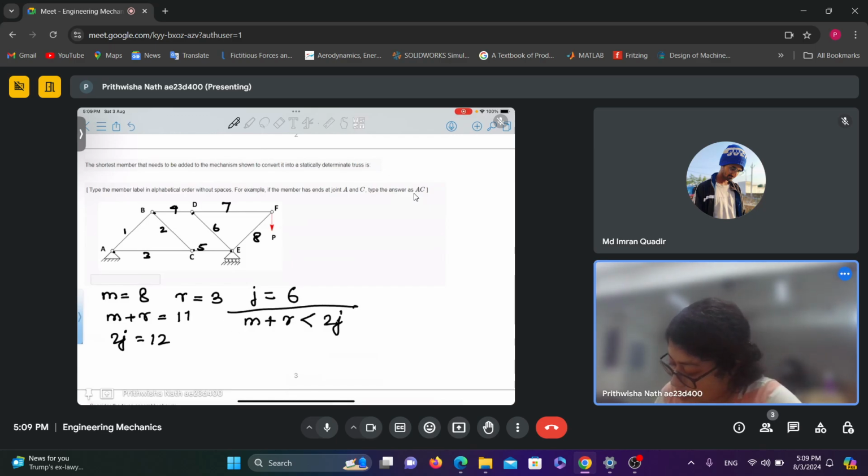So between which two points can you add the member so that it becomes statically determinate?